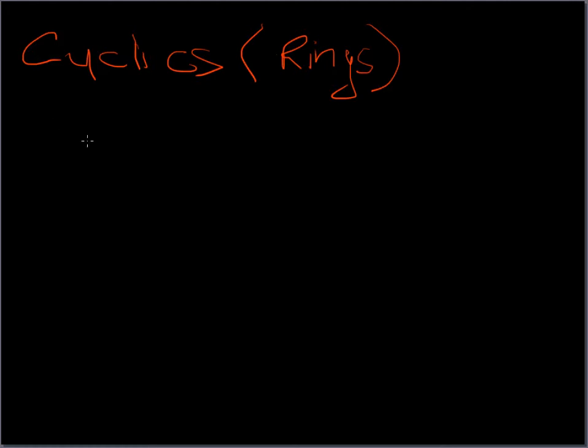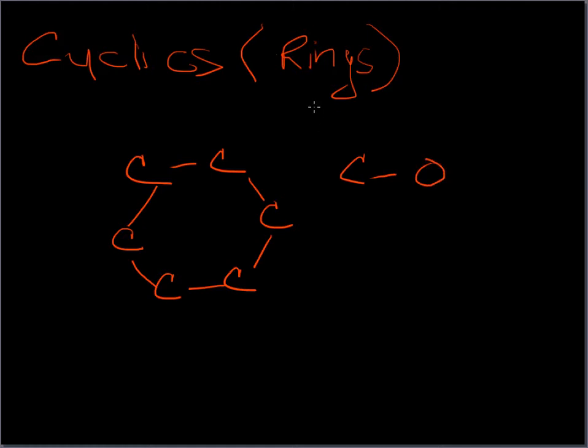You can have entirely carbons in the ring, or sometimes we like to throw some other molecules into the ring. We could throw nitrogens into the ring. That's a possibility. This time we threw an oxygen into the ring. So these would both be cyclics.